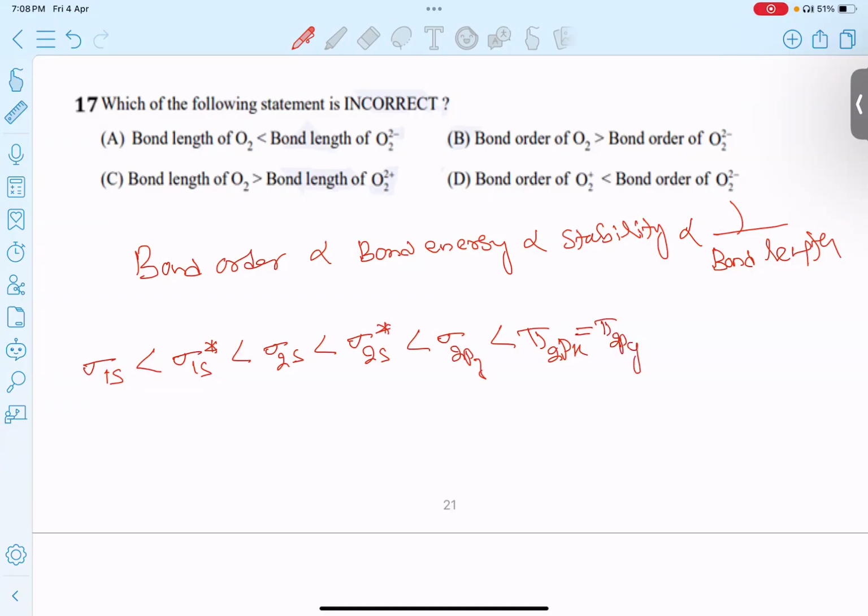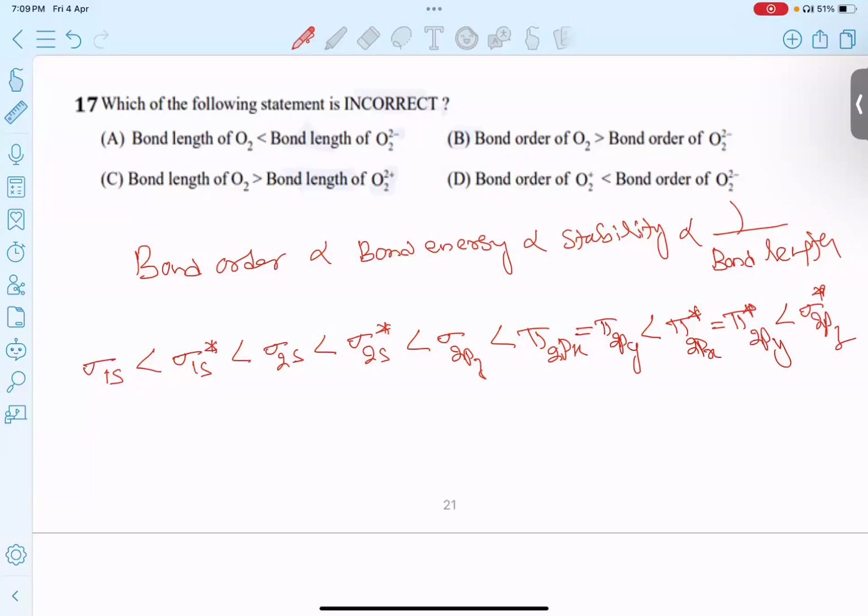Why are these two equal? Because they are degenerate orbitals of equal energy. Then less than pi star 2px equal to pi star 2py, less than sigma star 2pz.